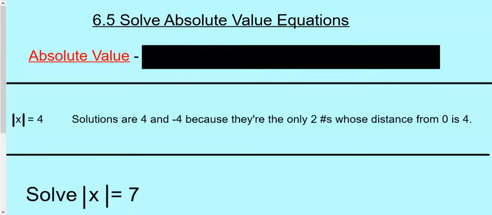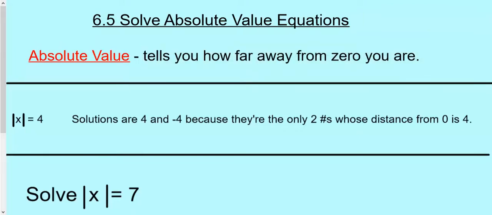Absolute value is how far a number is away from 0. Because it's a distance from 0, we never measure distance as negative. Distance can't be negative.